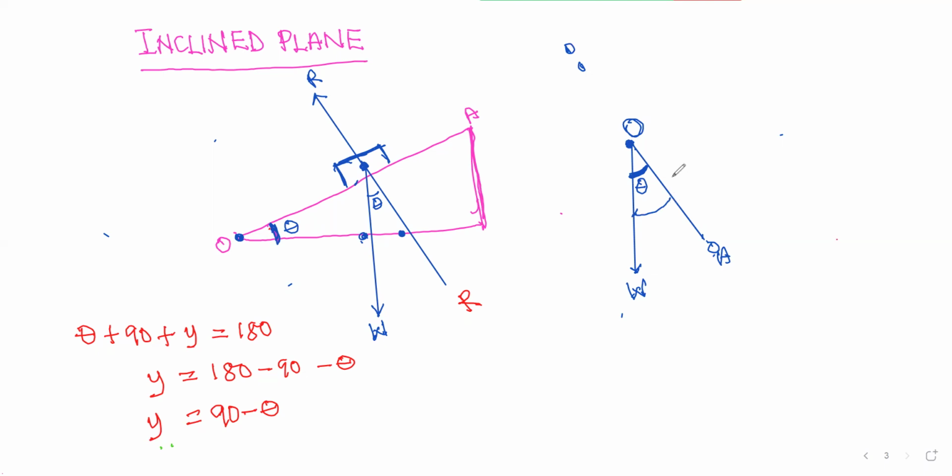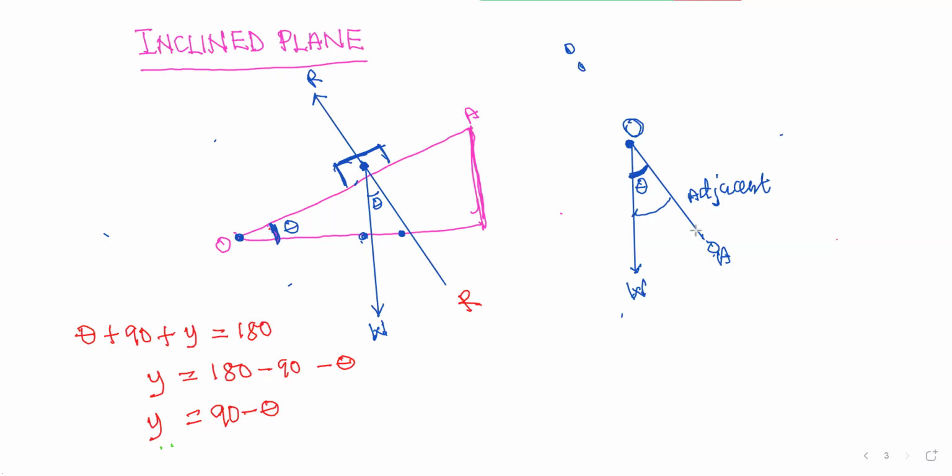Yes. Placing the 0 line here makes this the adjacent. The adjacent to the angle. Now, once you have the adjacent, a line perpendicular from the adjacent gives us the opposite.